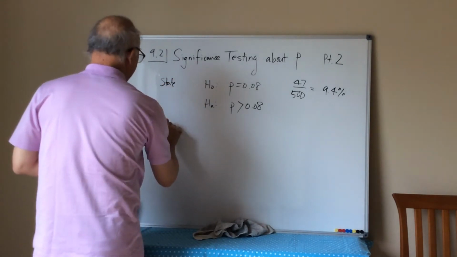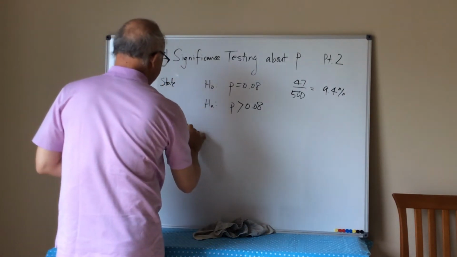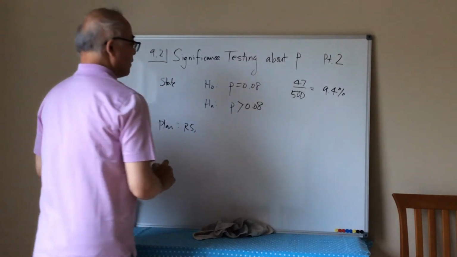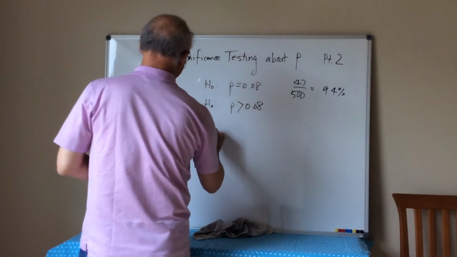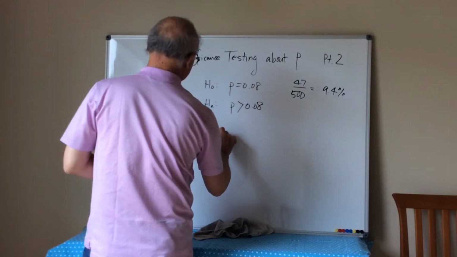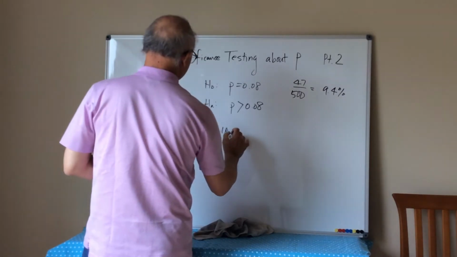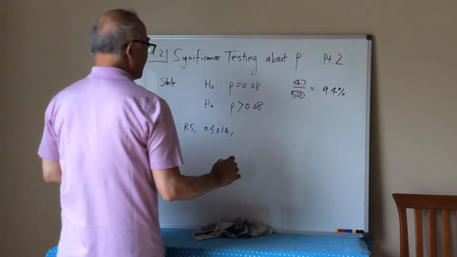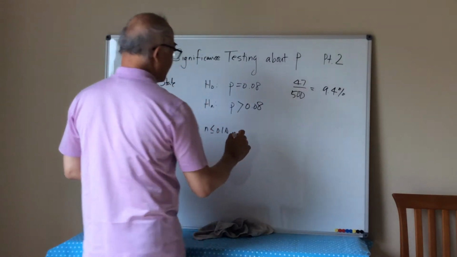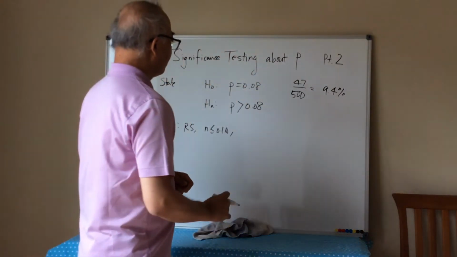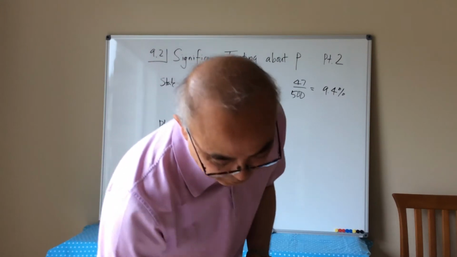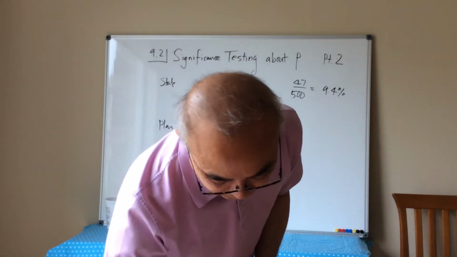Now we'll do the plan. Yes, it was a random sample, and we tested 500 out of a truckload of potatoes, so we're assuming that it is less than 10% of all the potatoes. And we have to check np.